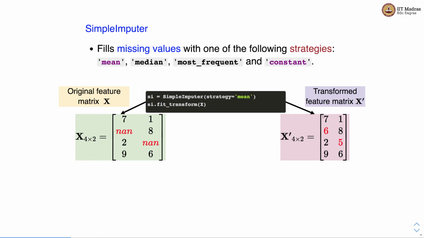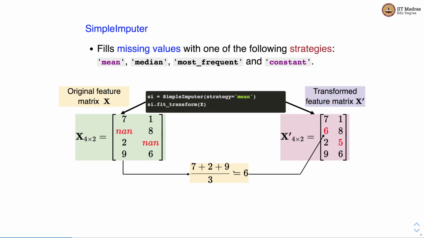And we get a transformed feature matrix with value 6 replacing the nan in the second sample, and in the third sample value 5 replaces the missing value. Let's see how these values are computed.